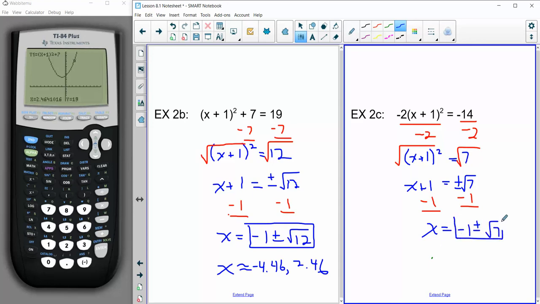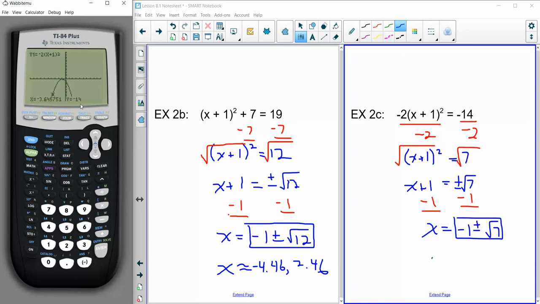That's the exact answer. Let's figure out what the rounded answers are here. Negative 2 parentheses x plus 1 squared. I'm going to take my window down to negative 20 to fit that negative 14 in there. Hit the trace button. Type negative 1 minus the square root of 7.